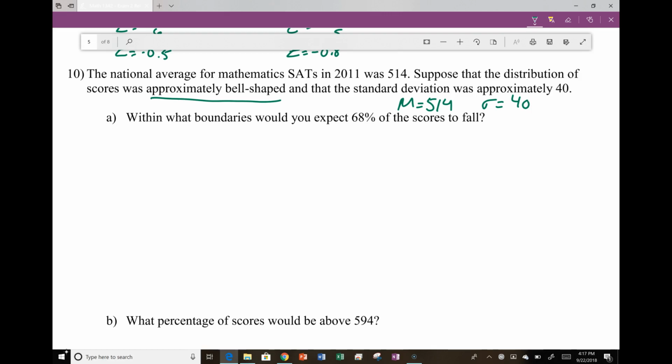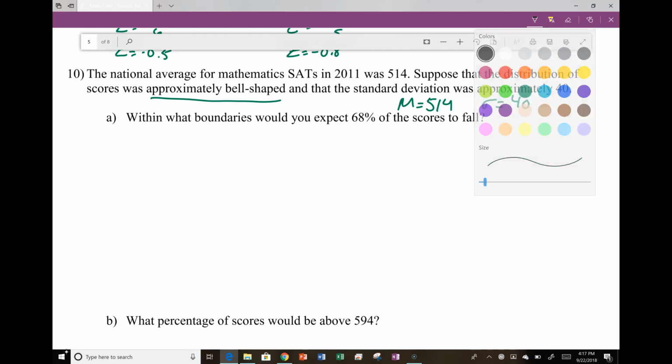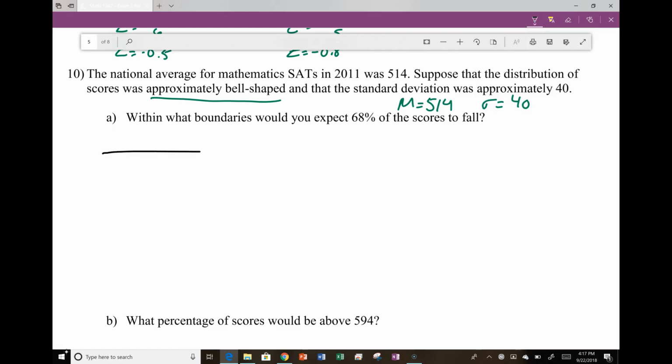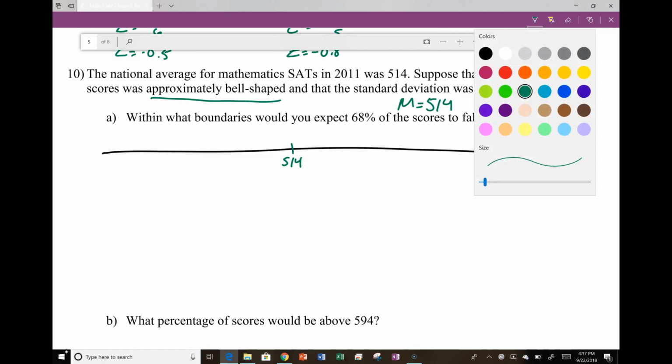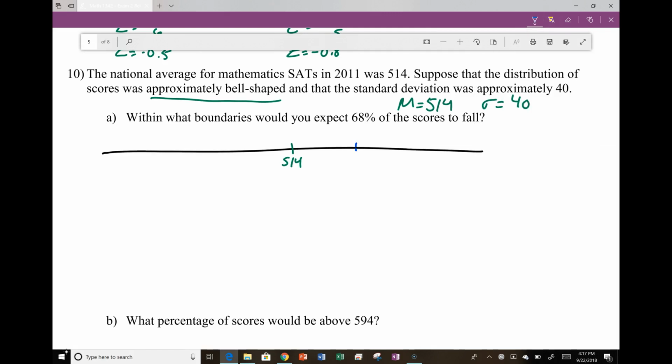Before I even read parts A or B, I'm going to create a number line and put the mean, 514, in the center. Then I'm going to go 3 spaces each direction. I'm doing this because it says that it's approximately bell-shaped, so I know that this is going to be the 68, 95, 99.7, or the empirical rule.